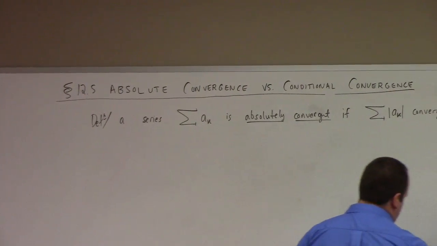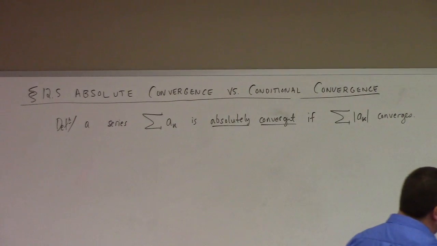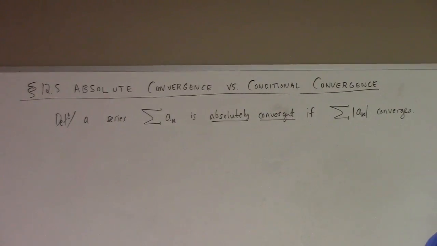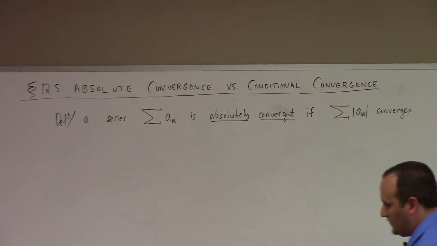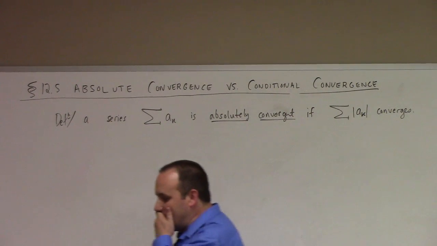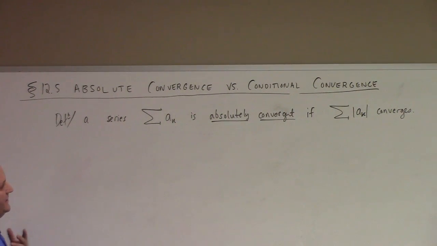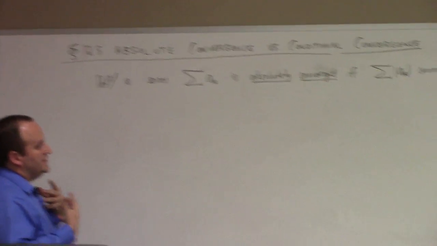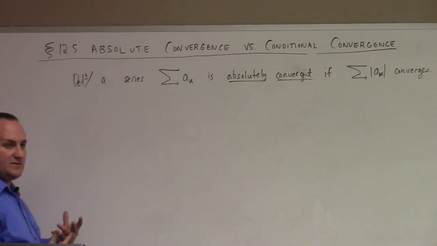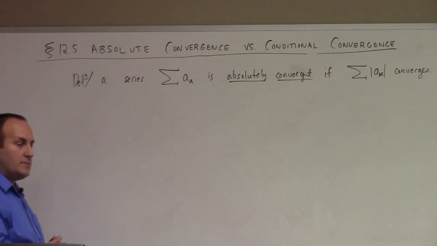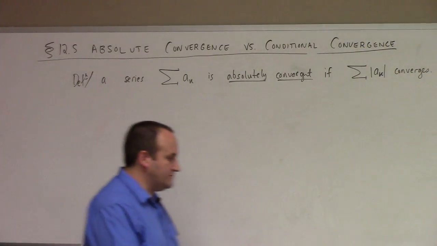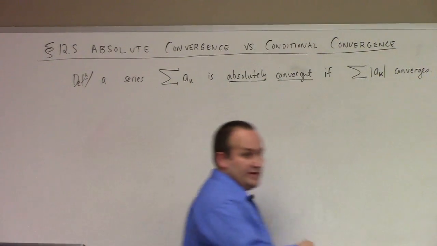So today we're talking about absolute convergence. What is the definition of absolute convergence? A series is said to be absolutely convergent if the series formed by the absolute value of the terms converges.